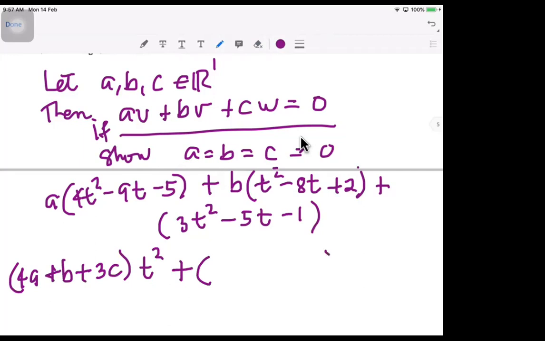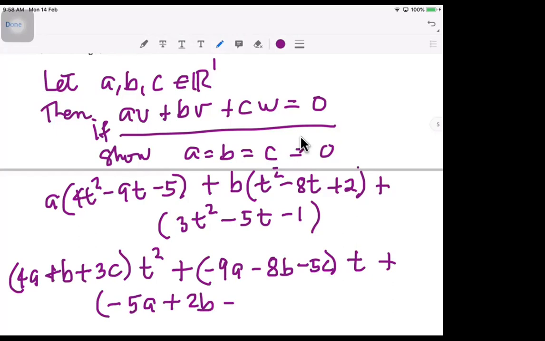Now the coefficient of t: minus 9A, minus 8B, minus 5C. And the constant term: minus 5A plus 2B minus C. All equal to 0.